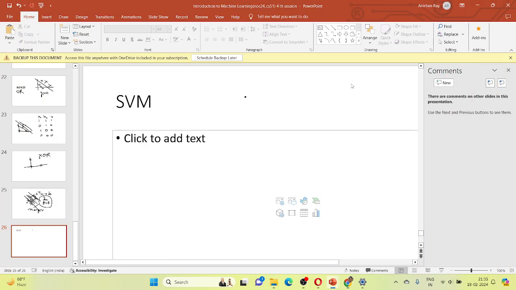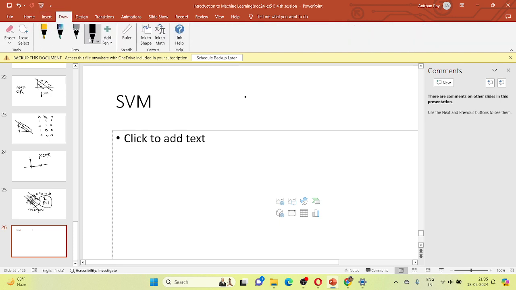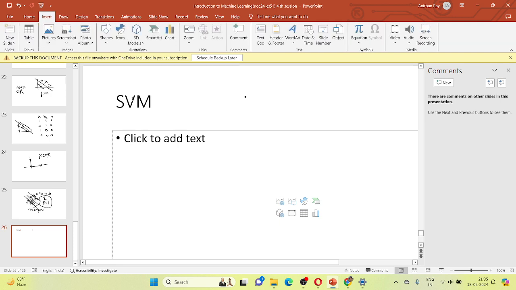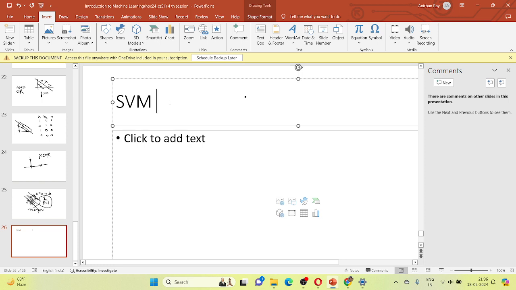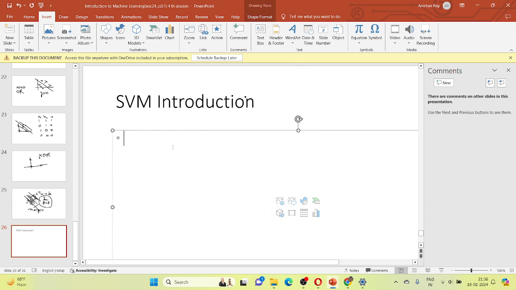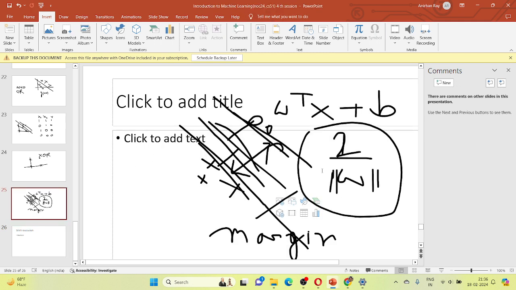Let me show you from the slide. In the meantime, let me introduce SVM here. The SVM is the maximum margin classifier. Maximum margin means as much as possible to maximize this margin, 2 by W mod.